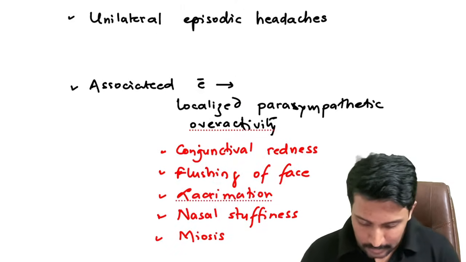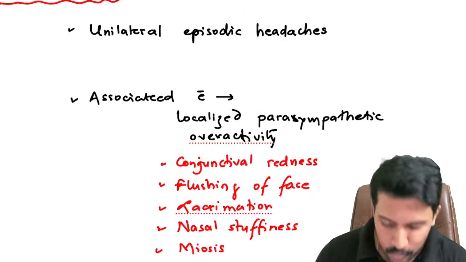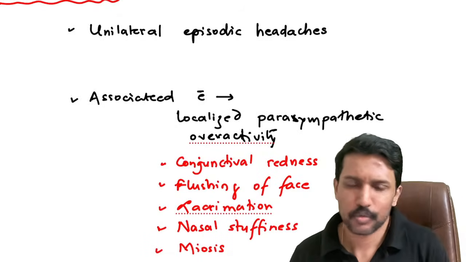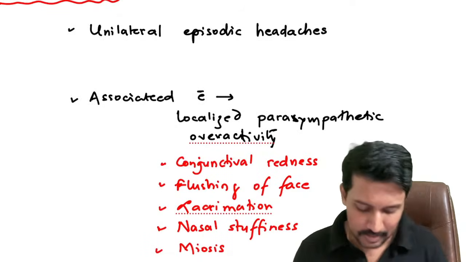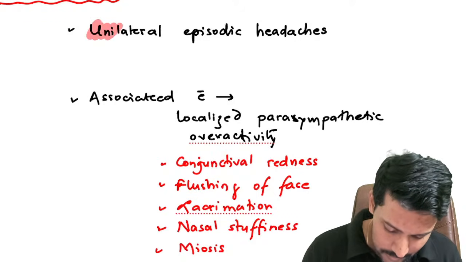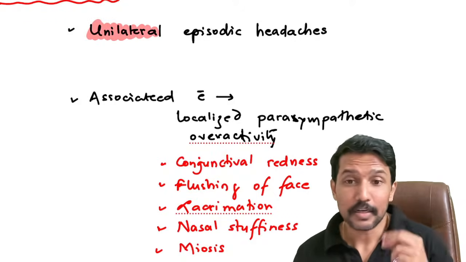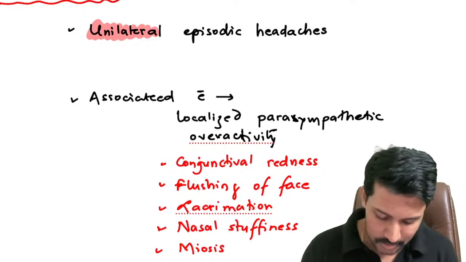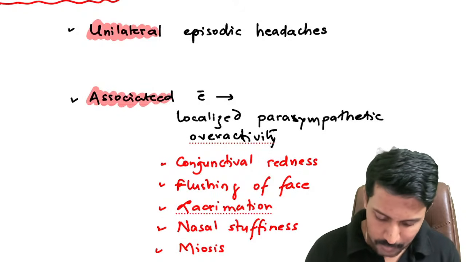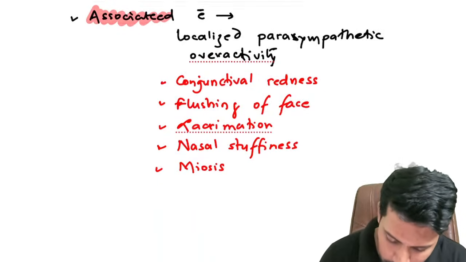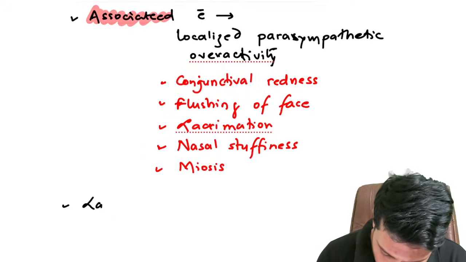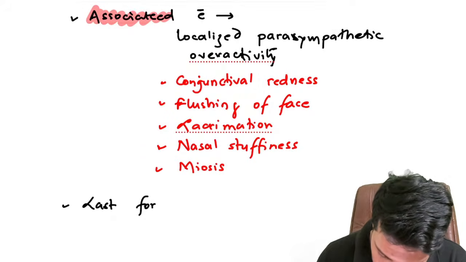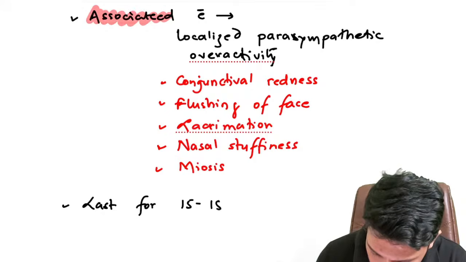Okay. Then the third thing that you have to write. What are the three things always you have to write about headache? Laterality, unilateral or bilateral. Second is duration, and the third one is associated symptoms, right? So with respect to duration, the cluster headaches usually last for 15 to 180 minutes.